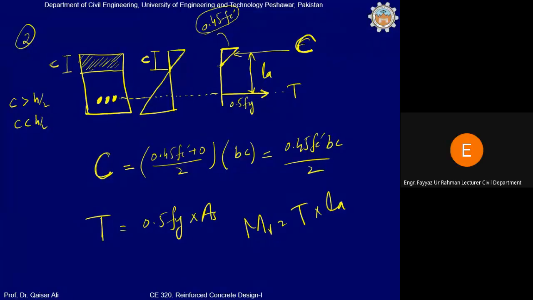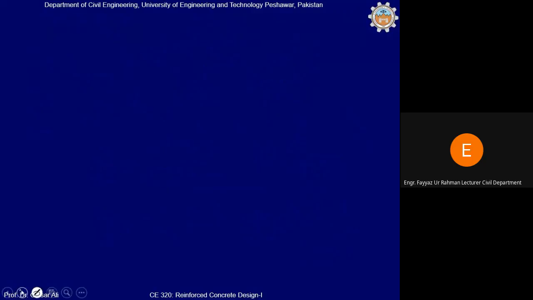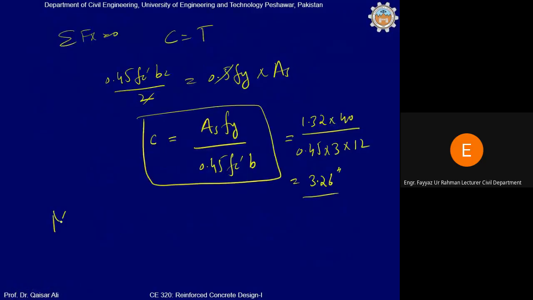Yes, exactly. It will be equal to D minus C by 3, because this distance is C by 3 and this total distance is D. So LA is equal to D minus C divided by 3. Clear? So put it here. MR is equal to T multiplied by LA. T is equal to 0.5 Fy into As multiplied by LA, which is equal to D minus C by 3.